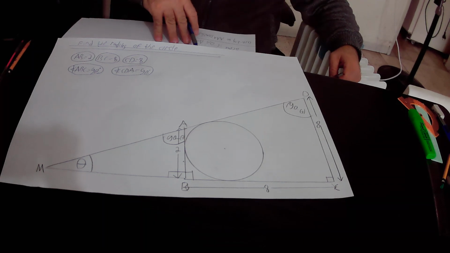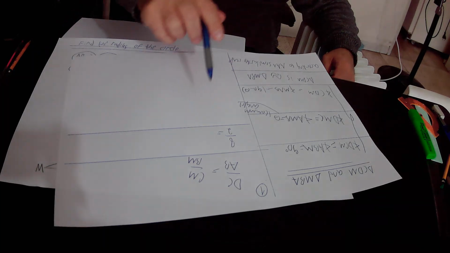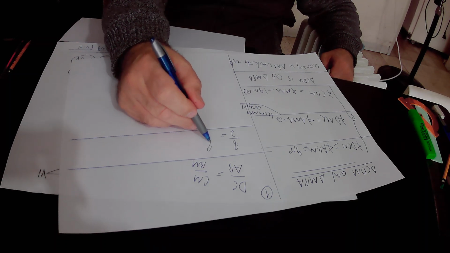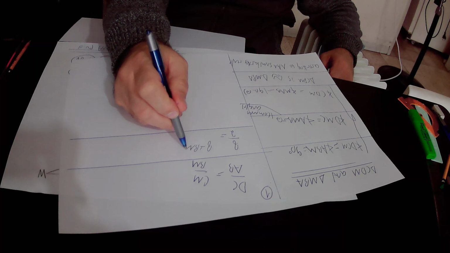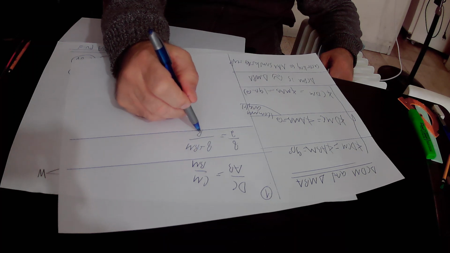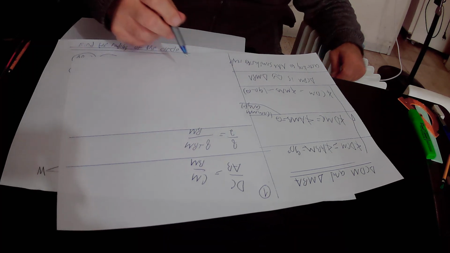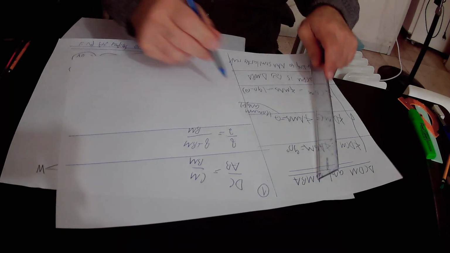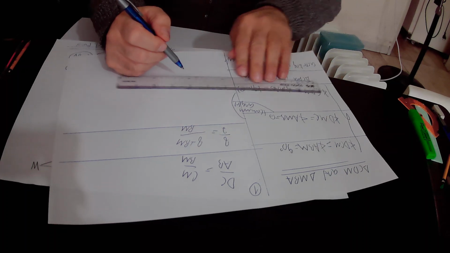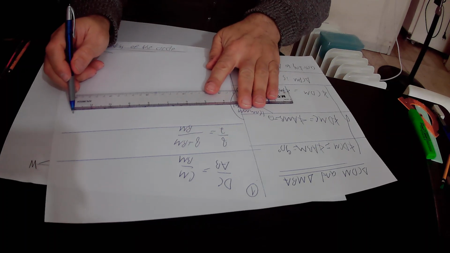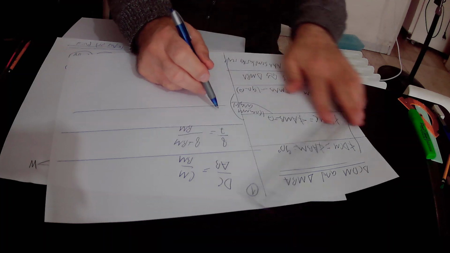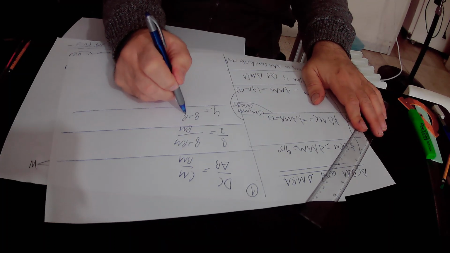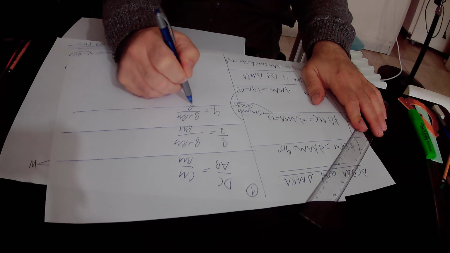So we substitute CM by 8 plus BM, and divide it by BM. In conclusion, 8 over 2 equals 8 plus BM over BM. 8 over 2 is 4, so 4 equals 8 plus BM over BM.